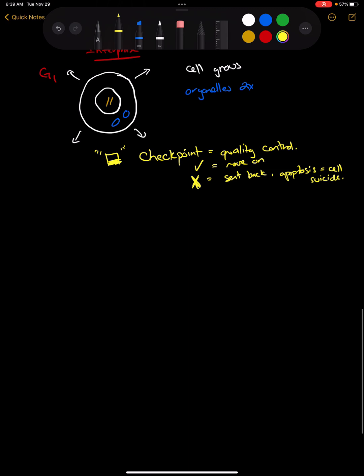All right, but let's say the cell passed. Yay, good job, cell. So now I get to go to my next stage with an S. Here's my cell. Here was my nucleus. I doubled my organelles, but now I'm going to double my DNA. So instead of having 2 yellow sticks, I'm going to have 4 sticks, and I made them in a different color so you can see that I replicated it. So now my DNA doubles. Look at that. We did great.